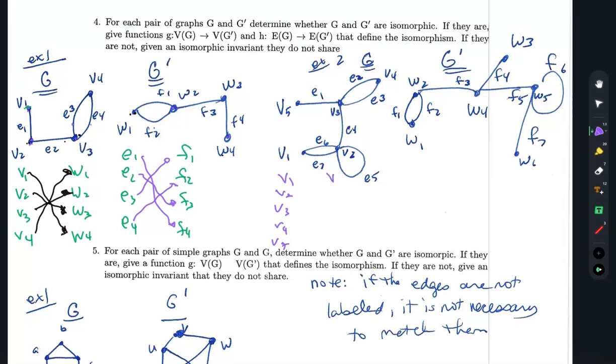Oh, well, you look at that. I can see 6: 1, 2, 3, 4, 5, 6, right? Okay, so there's an invariant. They do not have the same number of vertices. So that is not an isomorphism.